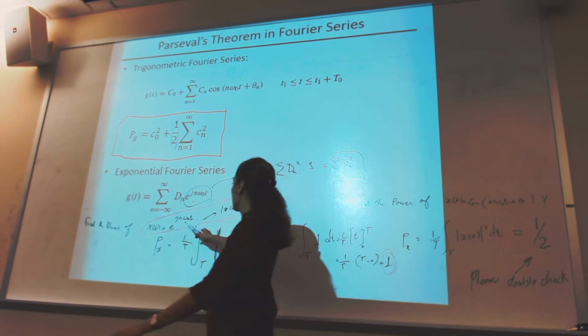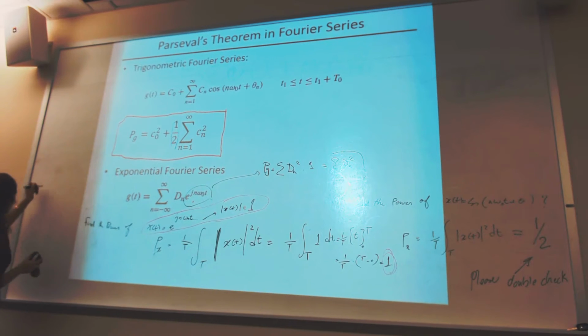Please don't forget this. So now what is the magnitude of twice e to the j omega naught t? What's the magnitude of this? 2. So it's basically 2 times the magnitude of the other one, which is 1.